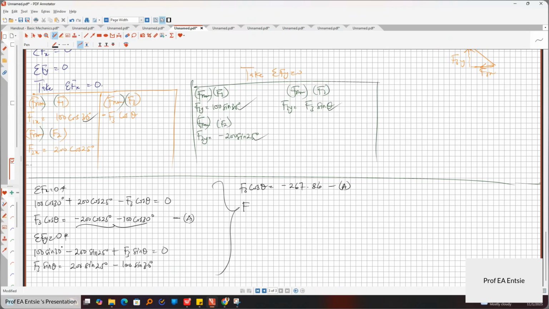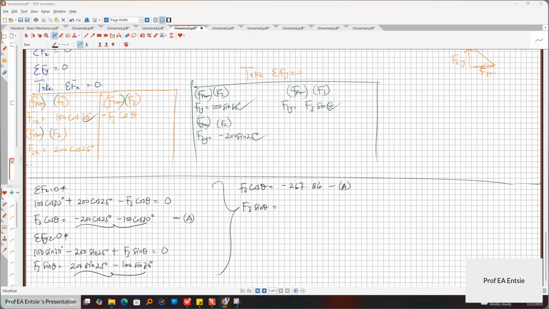Then I'll also punch this on the calculator. So F3 sine theta, this time is 200 sine 25 minus 100 sine 30.